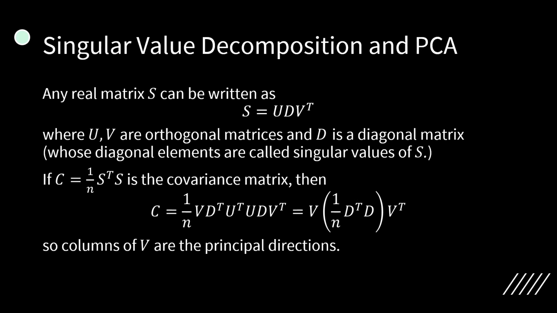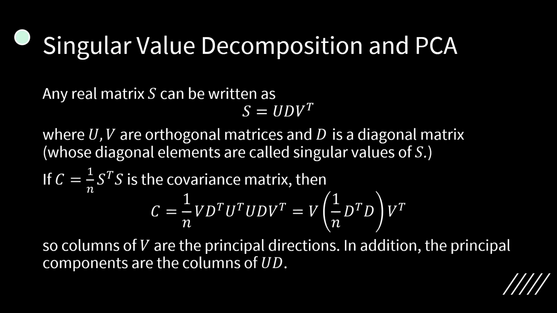If you multiply two diagonal matrices, you get diagonal, and dividing by a scalar is still diagonal. So this is diagonal, and you have V and V transpose conjugate. These are both orthogonal. So we see that this is exactly the orthonormal matrix that diagonalized the covariance matrix. So we see that the columns of V are the principal directions. Moreover, you'll see that the principal components are the columns of UD.